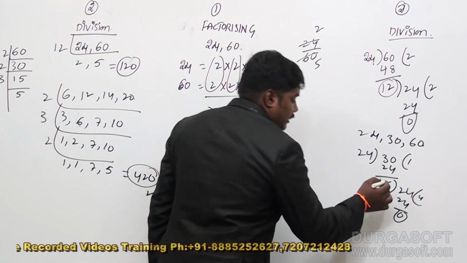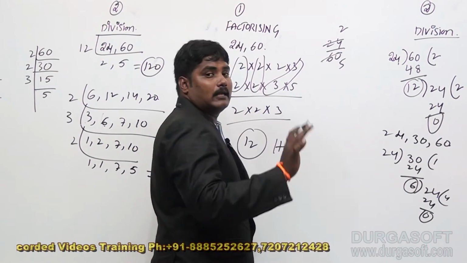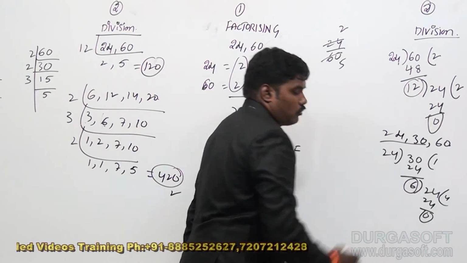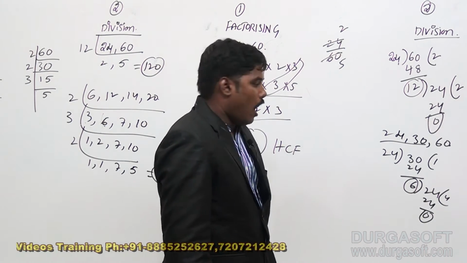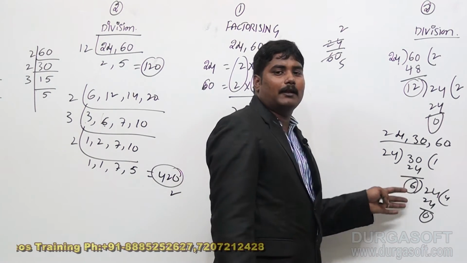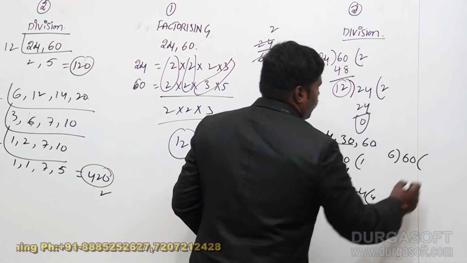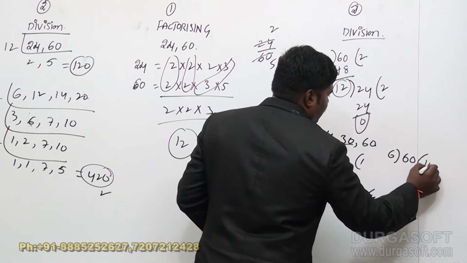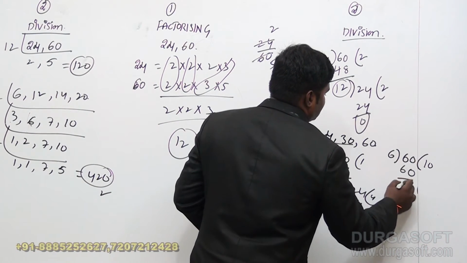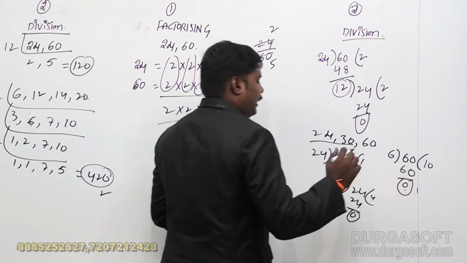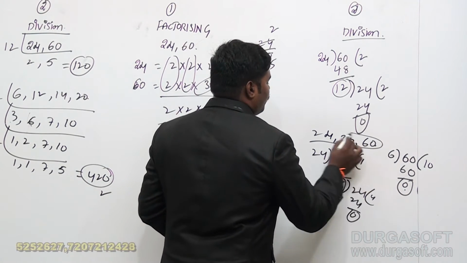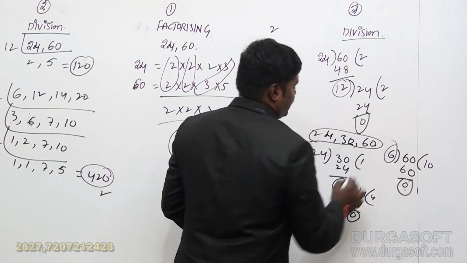That means 6 is the HCF of these two. Based on that HCF, divide the next number: 6 tens are 60, the remainder is 0. That means the highest common factor of all three is 6.